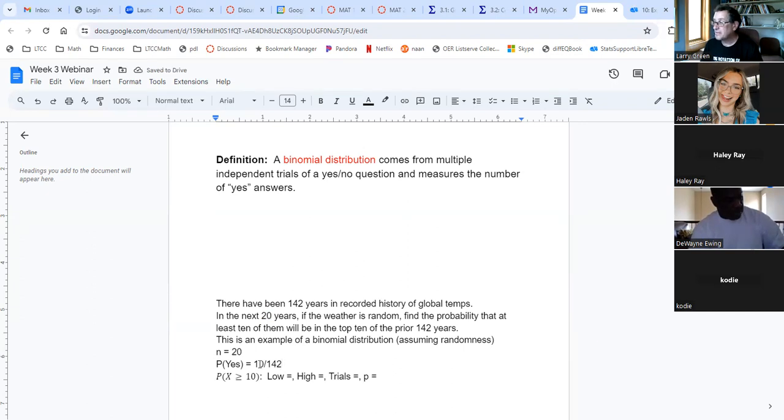Any questions on that? Okay, so I just want to let you know, since it says at least 10 of them, we want the probability that x is greater than or equal to 10. Okay, any questions on that?